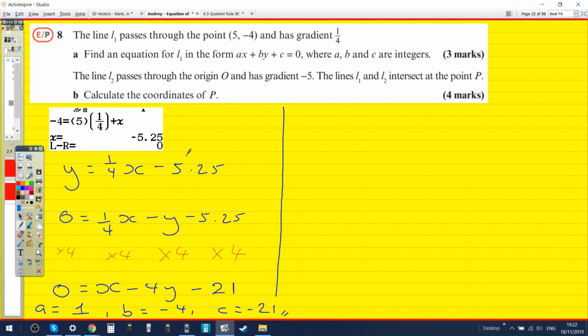Okay, and then so if it passes through the origin 0, does that mean that's its y-intercept? Yeah.